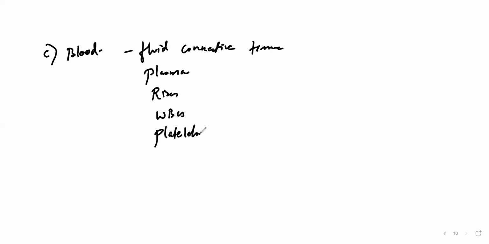RBCs means our red blood cells, which carry the hemoglobin throughout the body. Then we have the WBCs, white blood cells. They act as soldiers, and platelets help in the clotting factor. Basically the blood acts as a fluid connective tissue, meaning it transports various substances between the organs. That is the main function of the blood. It circulates various substances.